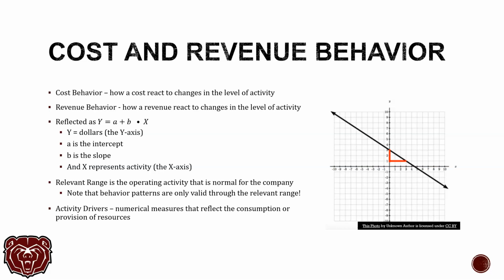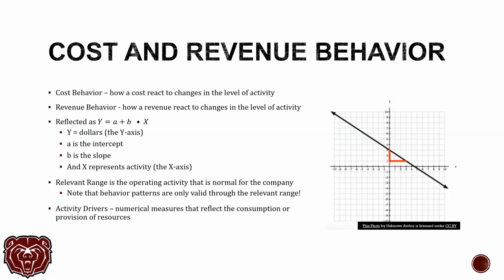So it would not be fair or valid to budget her to create 175 cakes a week, or to try to estimate her cost at 175 cakes per week. It's just not within that relevant range, right? And we'll learn a method to determine what our relevant range is momentarily.